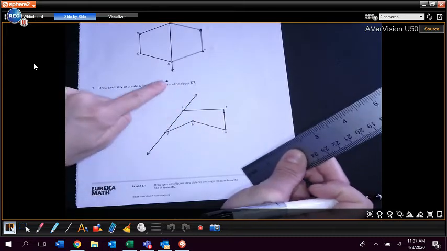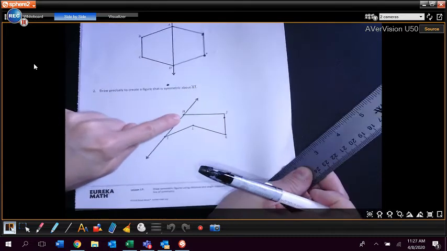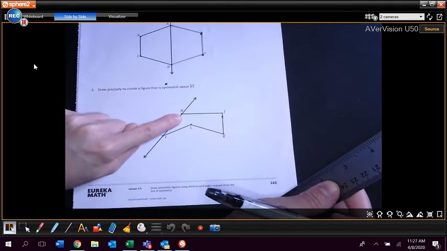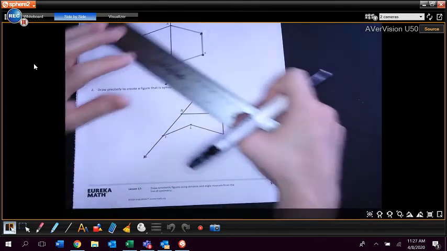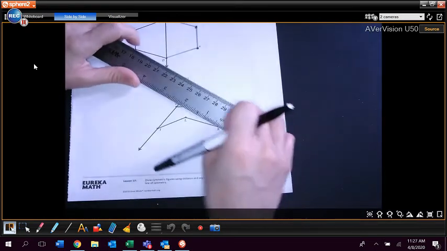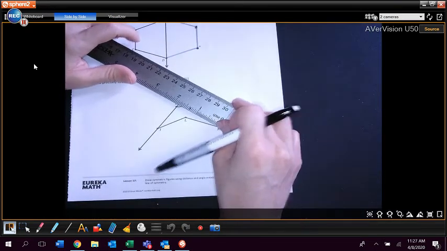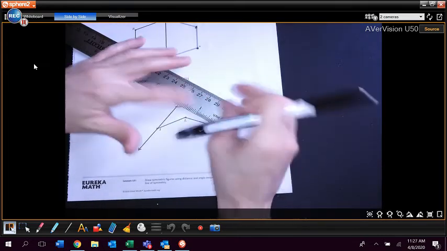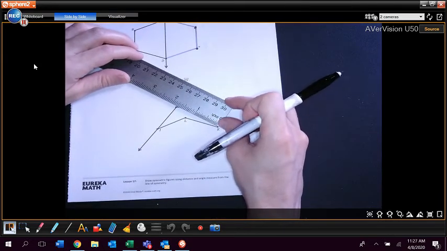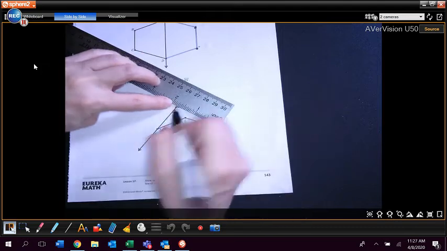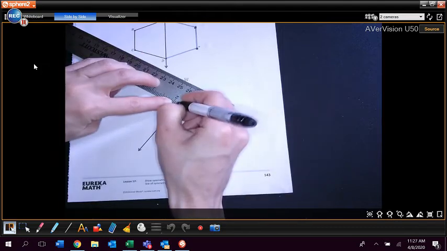So that's J. H, it's on the line, so that's not one that I need to find. Now I'm going to go to K. I'm going to find the distance of K, and I'm going to take out my ruler. If I measure the distance from K to the line of symmetry, it is right here.